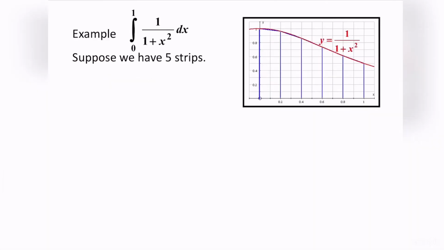In this example, the integral from 0 to 1 of 1 over 1 plus x squared dx is not easy to find using integration. So we are going to solve this question using the trapezium rule.